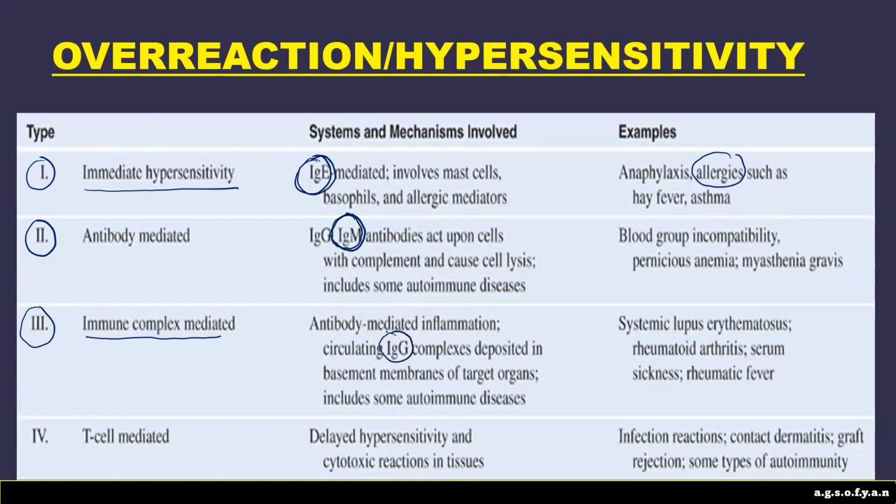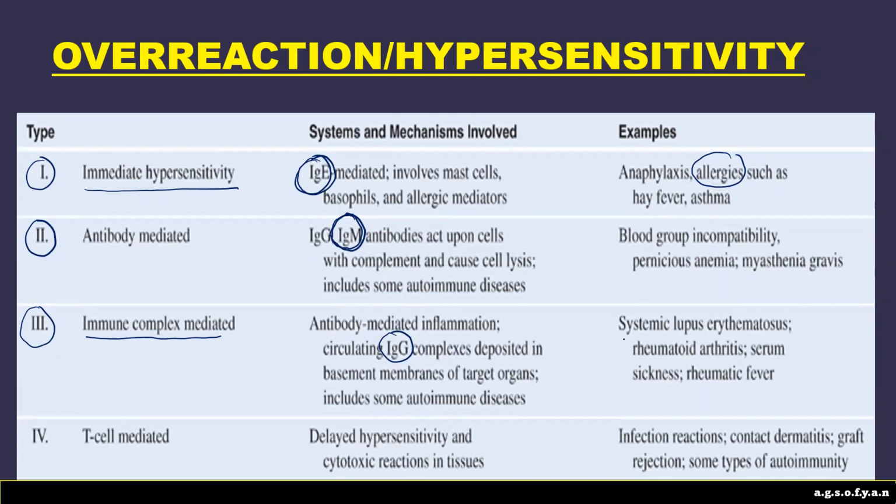And remember, IgG is the most abundant type of antibody. And this IgG will attack, most of the time, our own antigen. So self-antigen will be attacked by this IgG, and it will cause that person to have autoimmune disease.